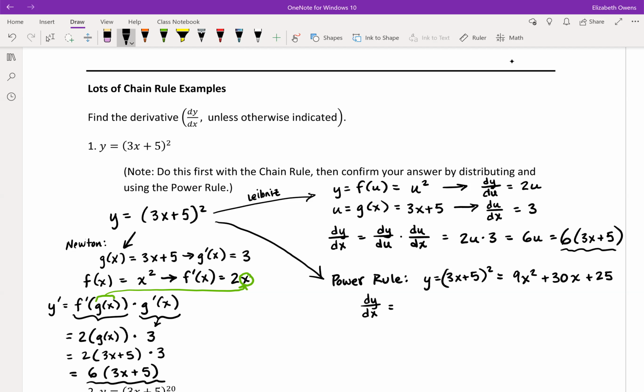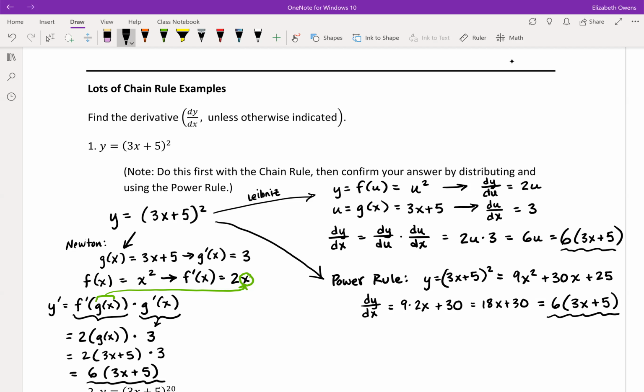We would have 9 times 2x for the derivative of that first term, and then plus 30, the derivative of 30x, and the derivative of 25 is 0, so that's all we end up with. So we get 18x plus 30, or if we factor it, we get 6 times (3x plus 5). Okay, so it is confirmed by using the power rule that this actually turned out okay.